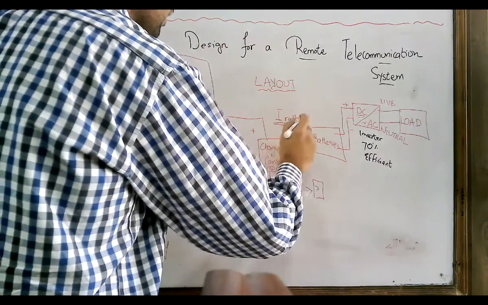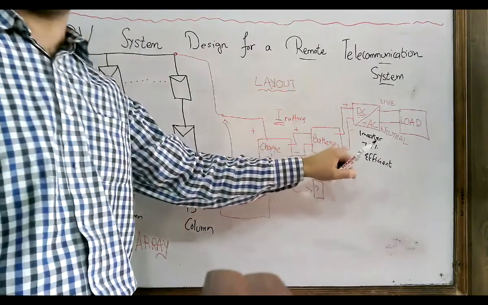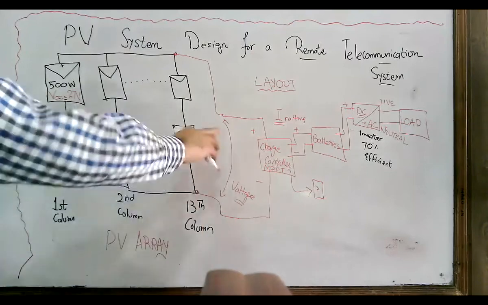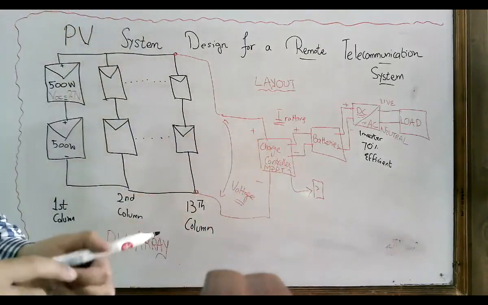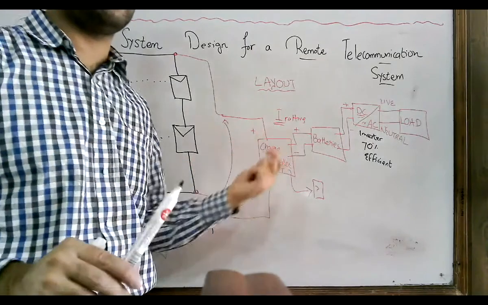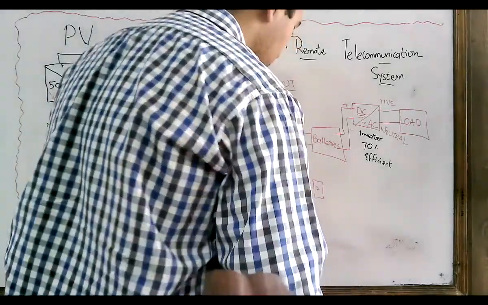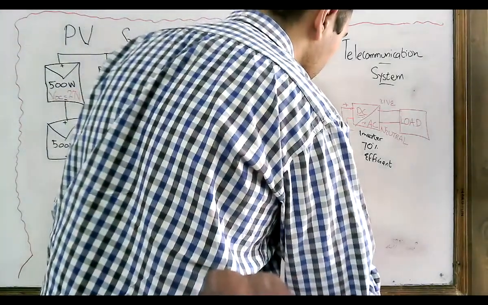The current rating of the charge controller depends on the batteries, that is, how much current the battery will draw. But for the voltage rating, when you go to purchase the charge controller from the market, you will have to look at the mentioned rating on the charge controller, that is, what is the VOC.